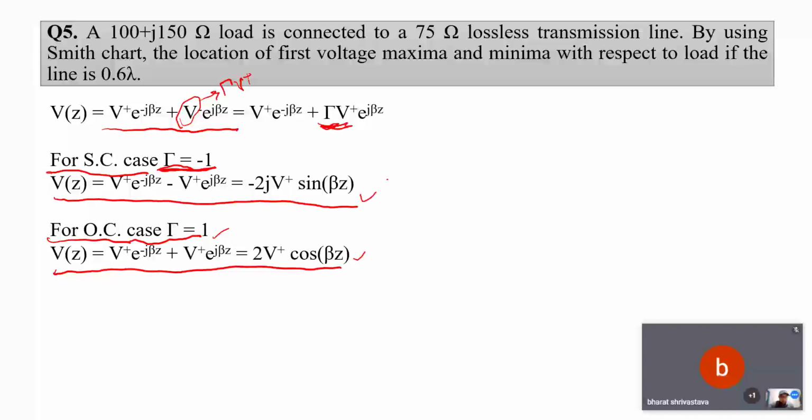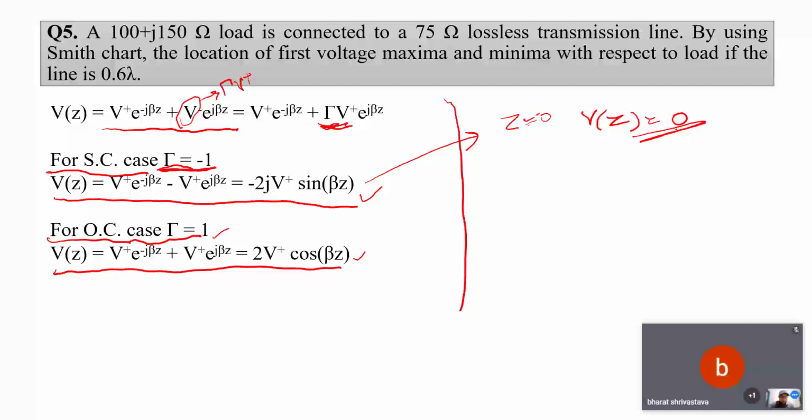Here I am defining this equation so as to visualize when maxima and minima will happen. From this equation you can see that when z is equal to 0, V of z becomes equal to 0. So this represents that minima will occur here.